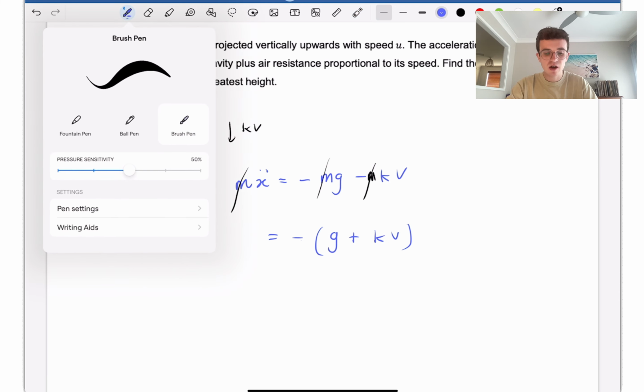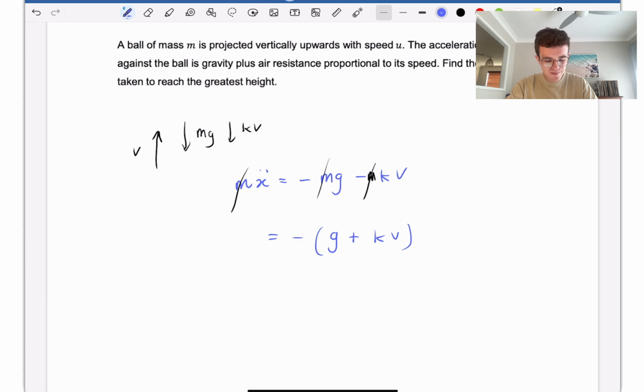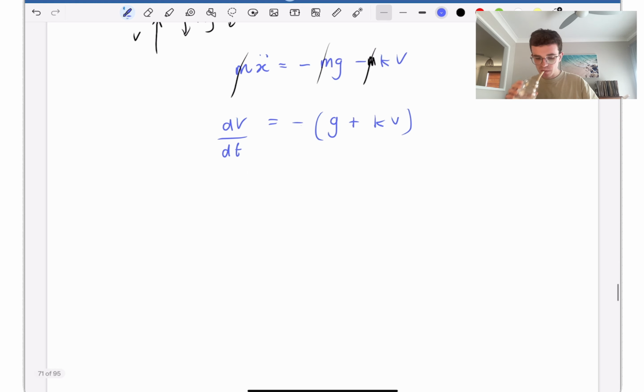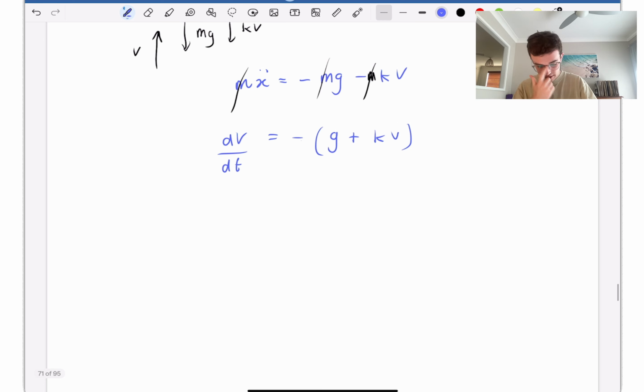When I hear greatest height, I think velocity being 0. So I want a d to t here. Now to integrate this, we're going to have to flip it upside down. So dt/dv is equal to minus 1 over g plus kv.